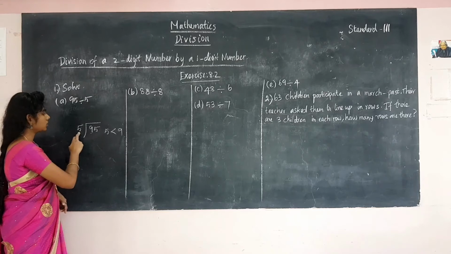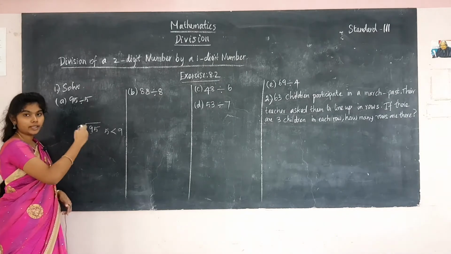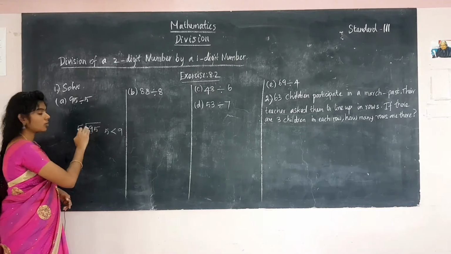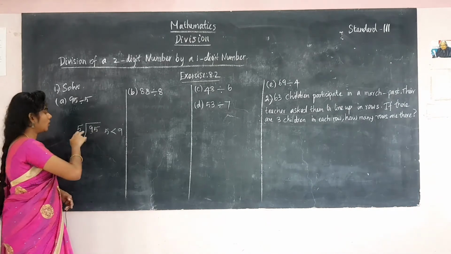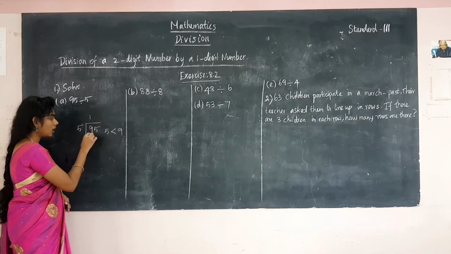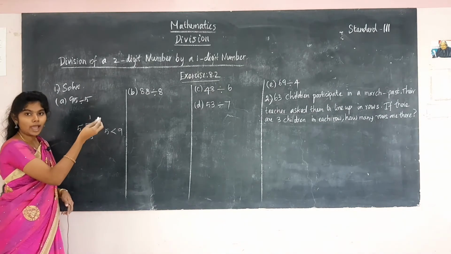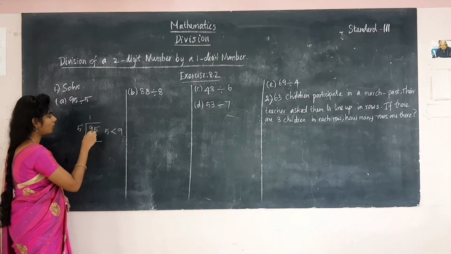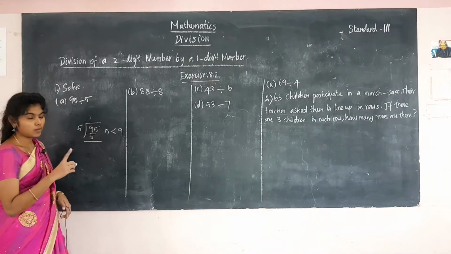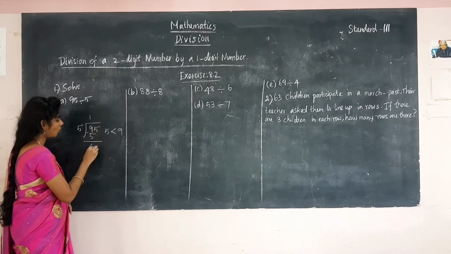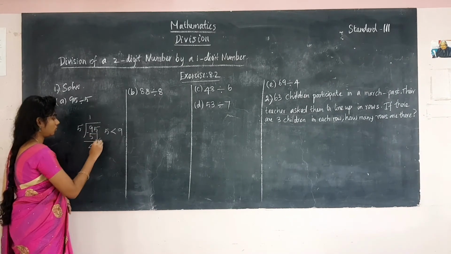So say the tables of 5. While saying the tables of 5, the product should be within this number or equal to that number. 1 5 is 5, 2 5s are 10, which is beyond that number. So you have to stop before that, 1 5 is 5. Now subtract these two numbers in the tens place alone. 9 minus 5 is 4, and then take 5 down.